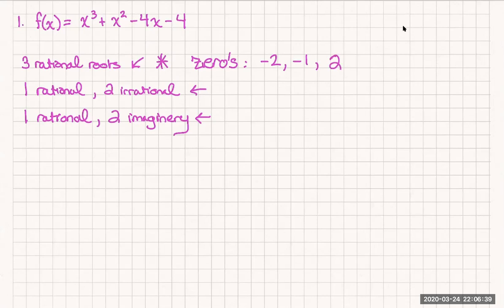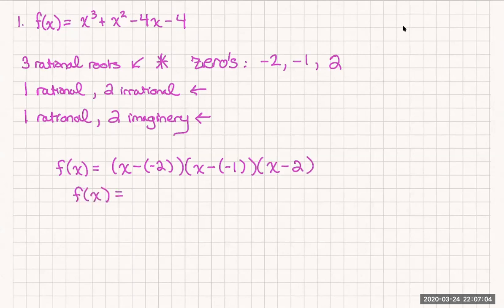So now I'll plug it into the linear factorization theorem, which says that I can rewrite this as x minus -2 times x minus -1 times x minus 2. Now it's just a matter of cleaning it up.